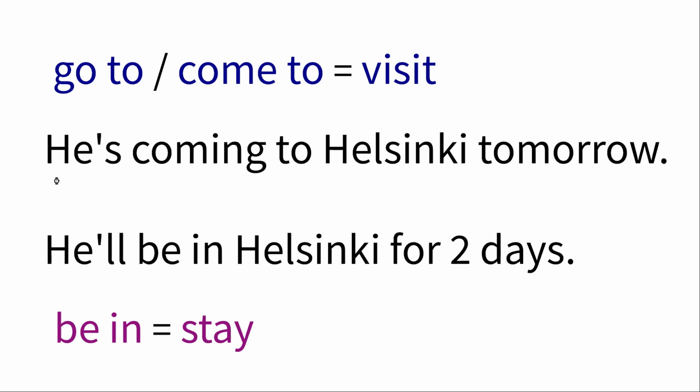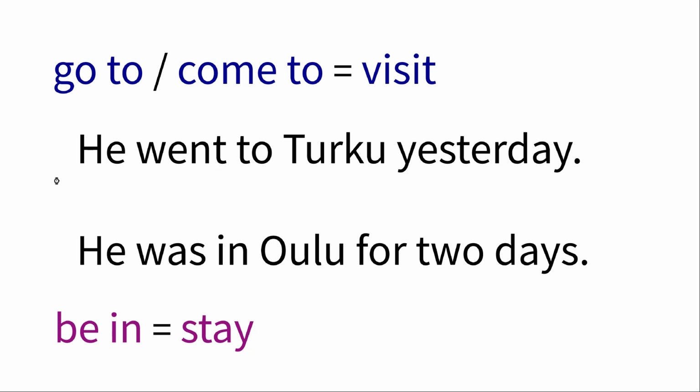He's coming here tomorrow. And now with be in or stay, I want a length of time. He'll be in Helsinki for 2 days. Past tense here. He went to Turku yesterday. He visited Turku yesterday. He was in Oulu for 2 days.